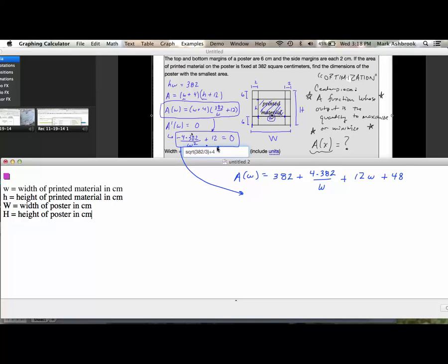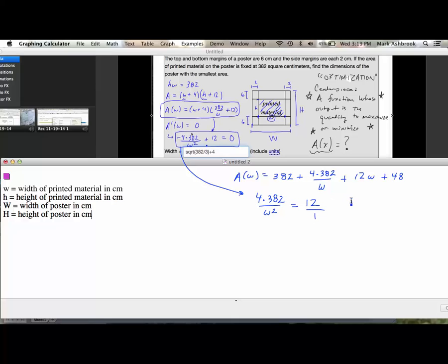So to solve this, I can move the 12 over to the other side. That'll be negative 12, but then I'll have a negative here, so it'll be 4 times 382 equals positive 12. So I subtracted 12 from both sides, and I multiplied both sides by negative 1. And then we could think about cross-multiplying to get rid of this w squared in the numerator.